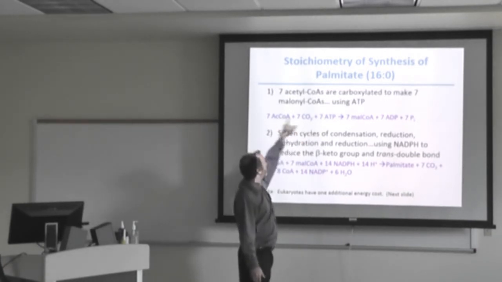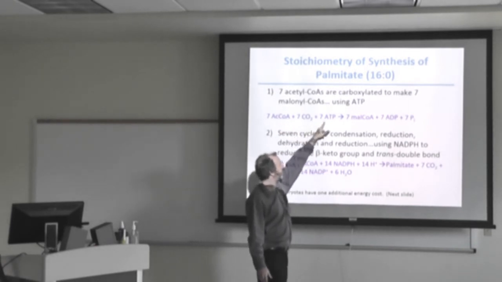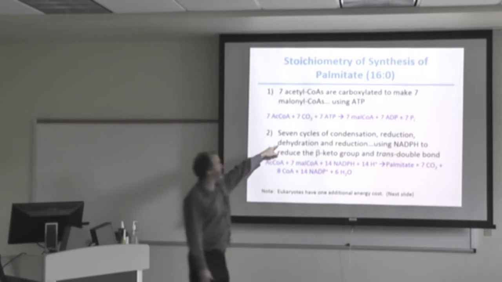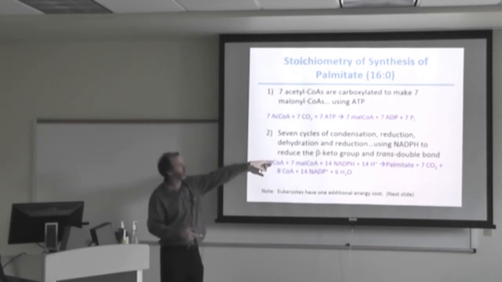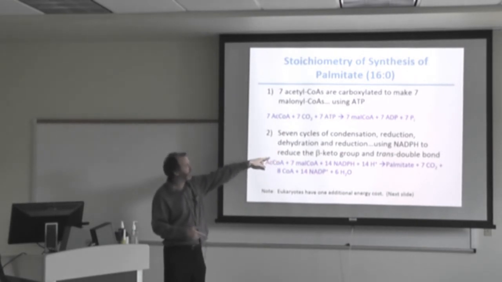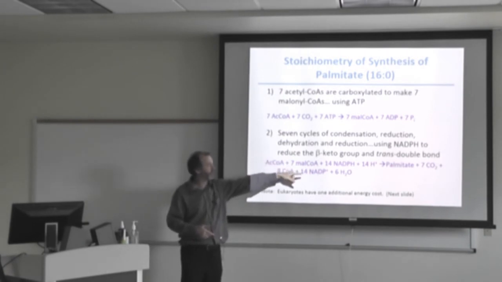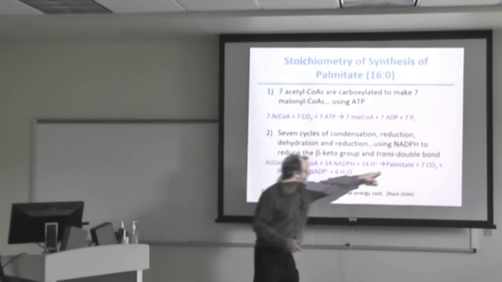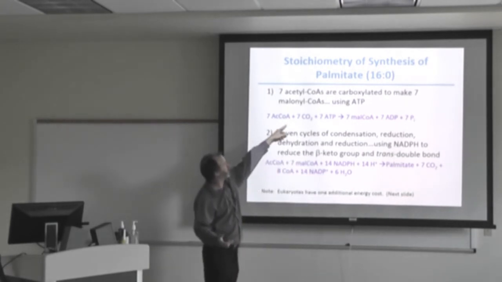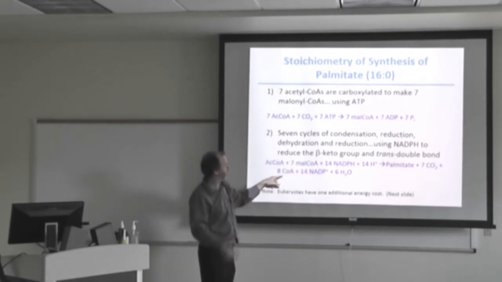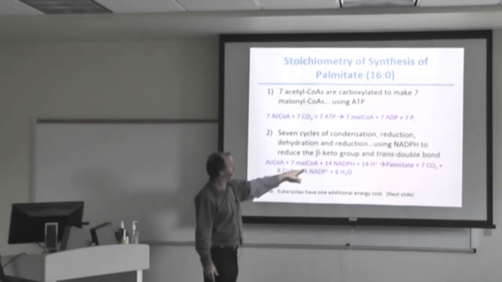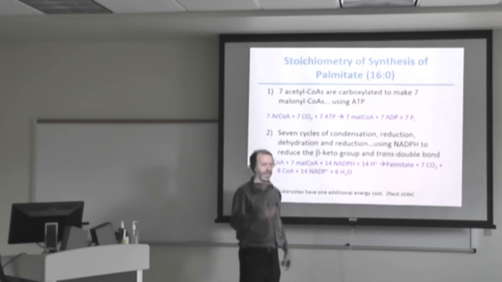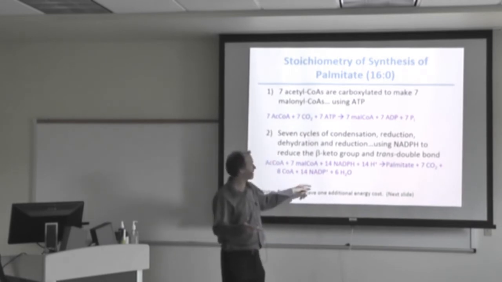So each one of those, 7 carbon dioxide, 7 ATPs, we get 7 malonyl-CoAs. 7 cycles of condensation, reduction, dehydration, and reduction again using NADPH to reduce the beta-keto and the trans double bond. We end up with 1 palmitate, 7 carbon dioxides from before just released again, 8 coenzyme As from here, 14 NADPHs are used, so we end up with 14.